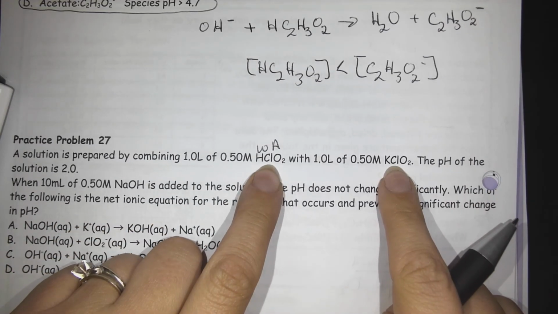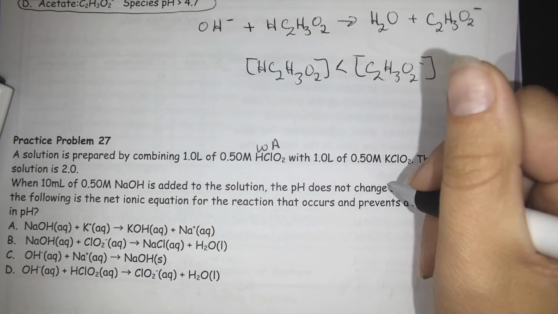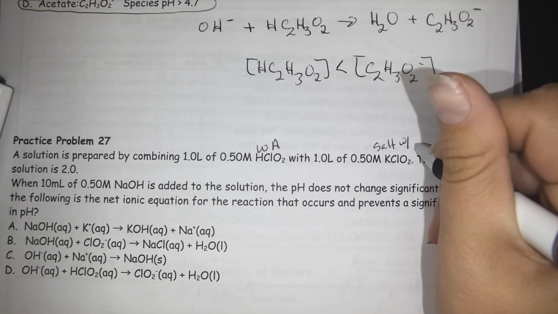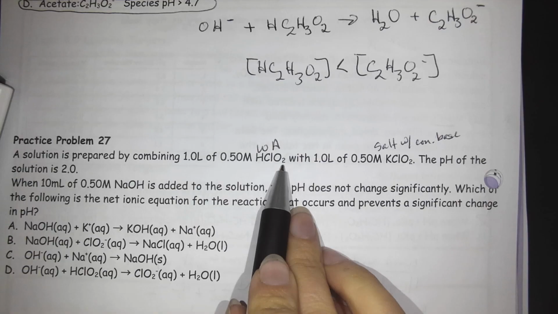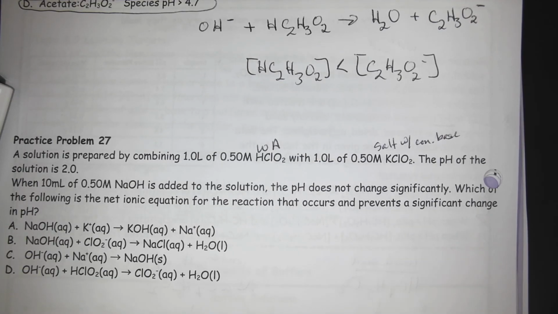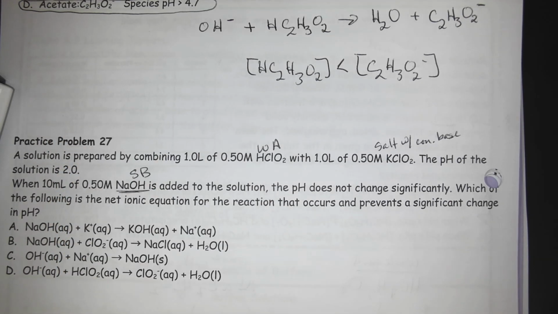Oh, that's familiar. ClO2. ClO2. This is a salt with a conjugate base. This ClO2 minus and ClO2 minus. So this is a buffer solution. When 10 milliliters of 0.5 molar NaOH, when a strong base is added to the solution, the pH does not change significantly. That makes sense.